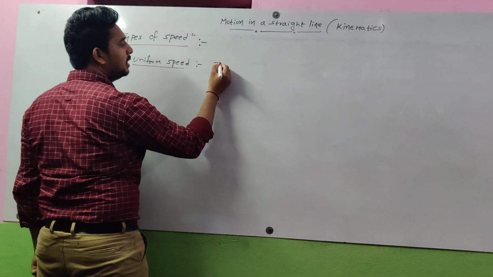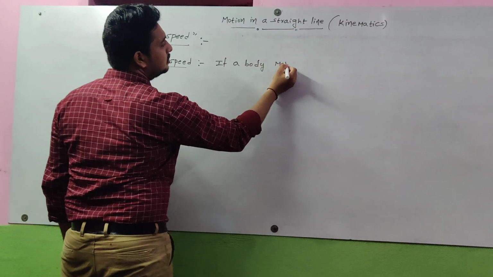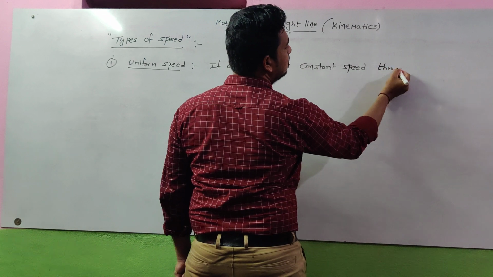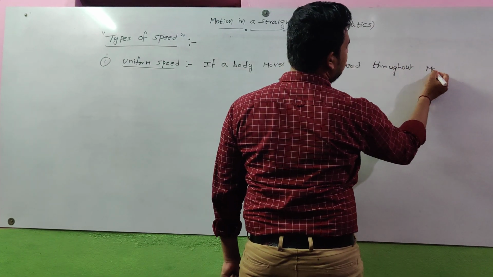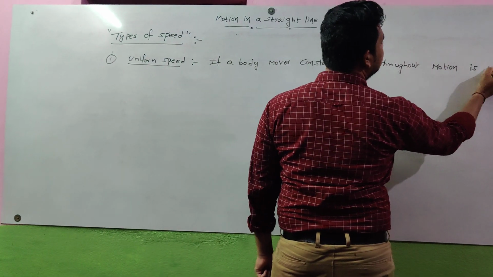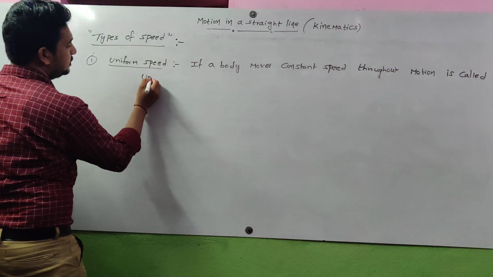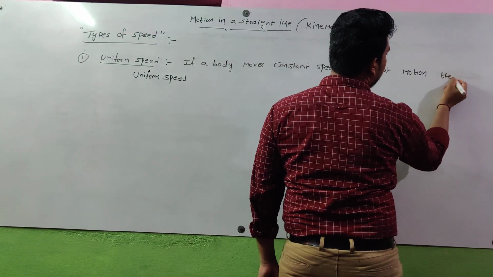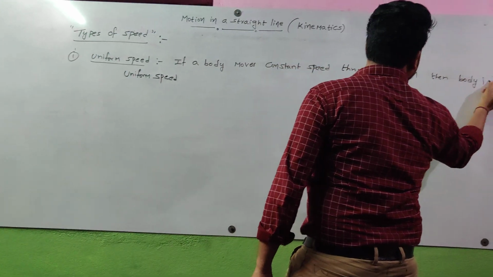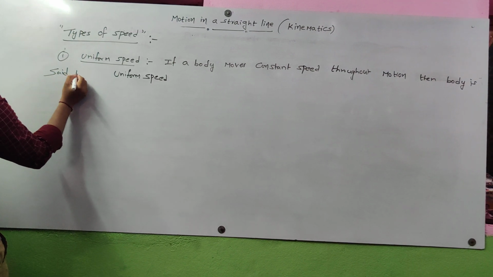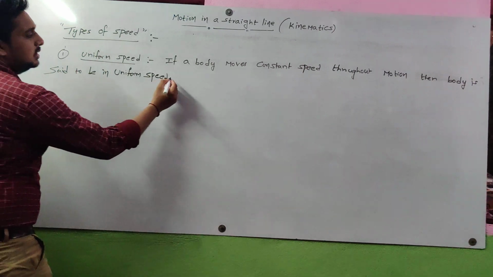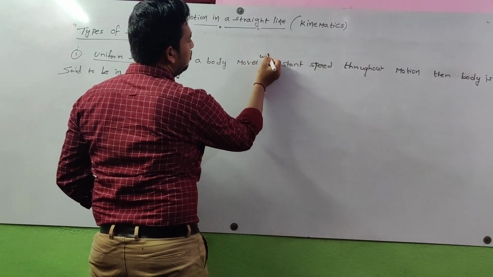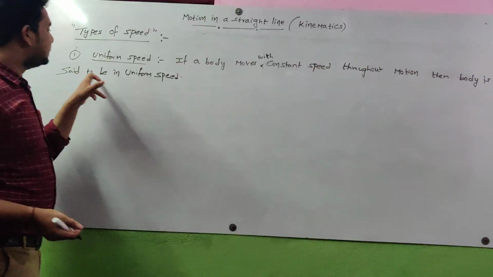If your body moves with constant speed throughout motion, then the body is said to be in uniform speed.